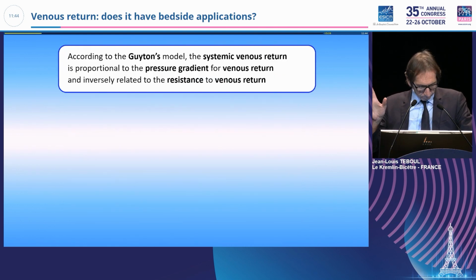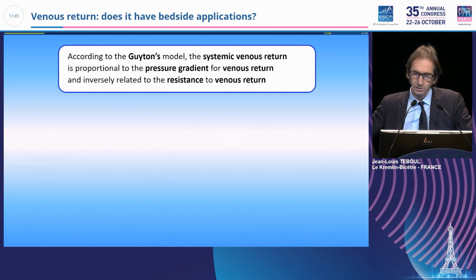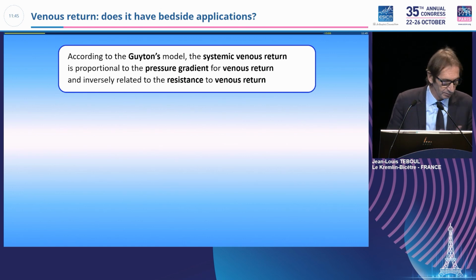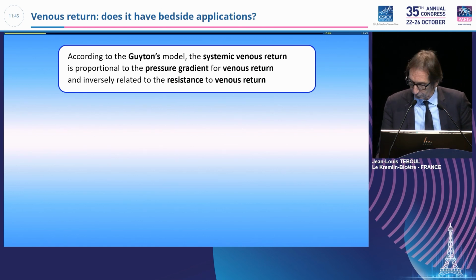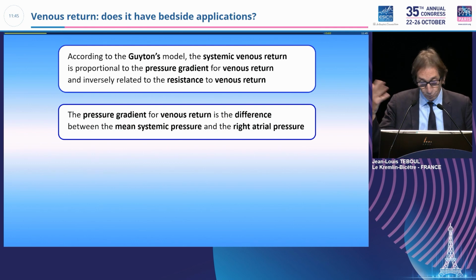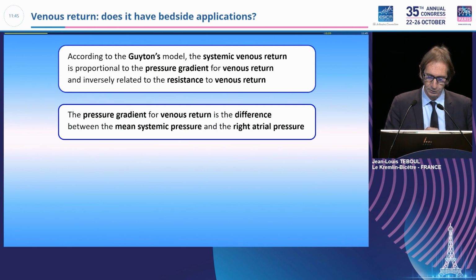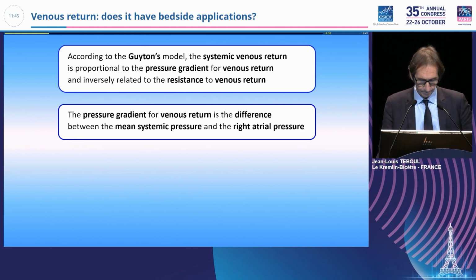So, if I summarize, according to Guyton's model, the systemic venous return is proportional to the pressure gradient for venous return and inversely related to the resistance to venous return. The pressure gradient for venous return is the difference between the mean systemic pressure and the right atrial pressure.